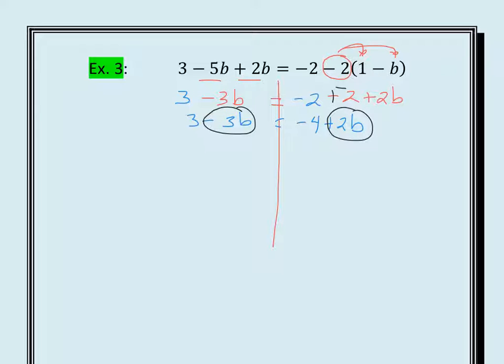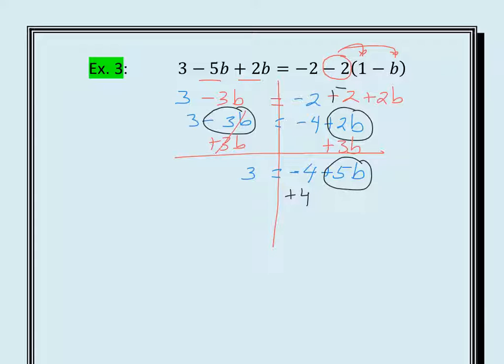The negative 3b is smaller than the 2b, so we are going to add a 3b to both sides. And we end up with a 3 on the left equals negative 4. A 2b and a 3b is a positive 5b. Now we want to get the 5b by itself, so we've got to get rid of the minus 4.